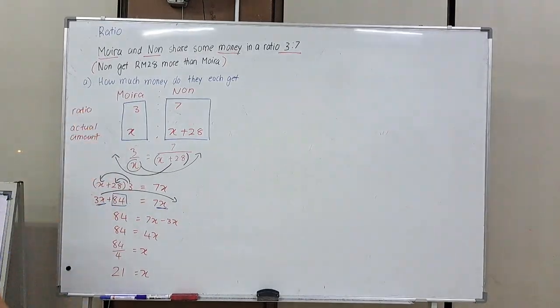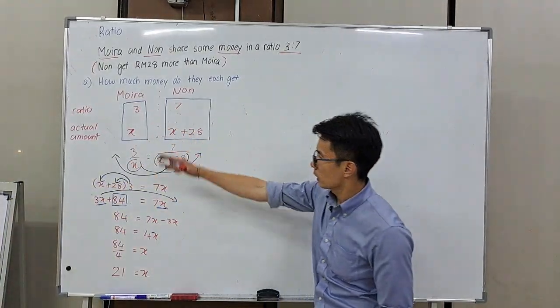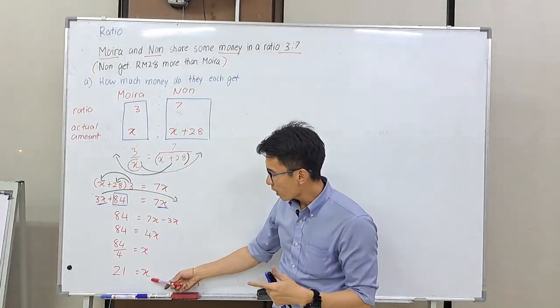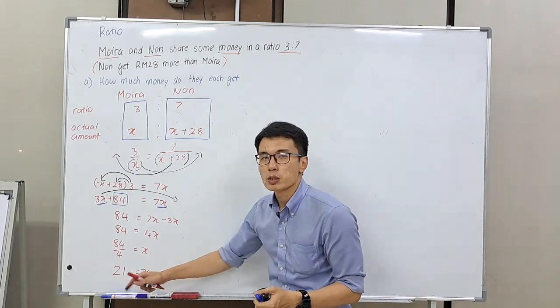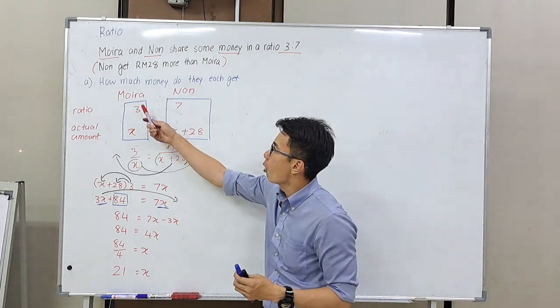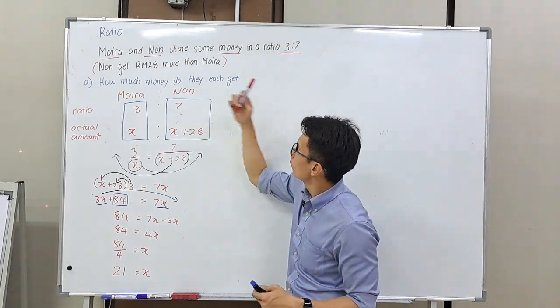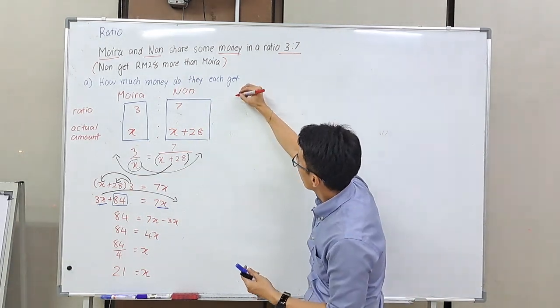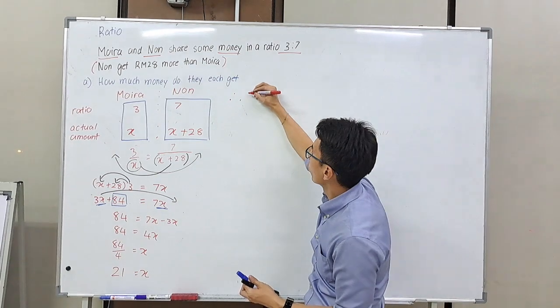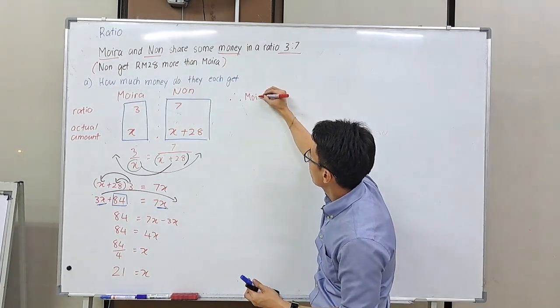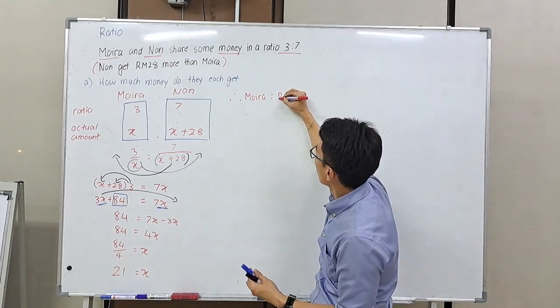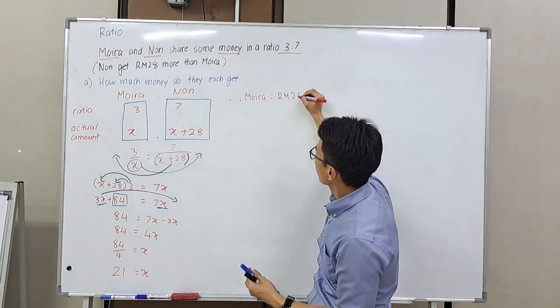Now, based on this calculation, what does it tell me? In the end, I get my value of x, which is 21. So it's basically telling me Moira has RM21. So how much money do they get? Therefore, Moira has RM21.